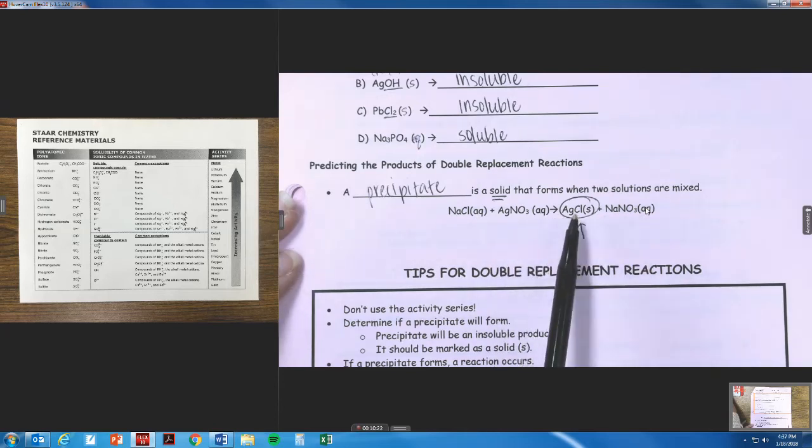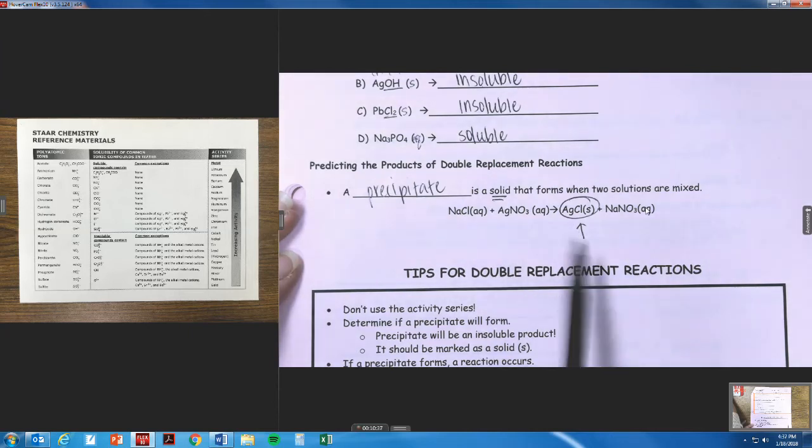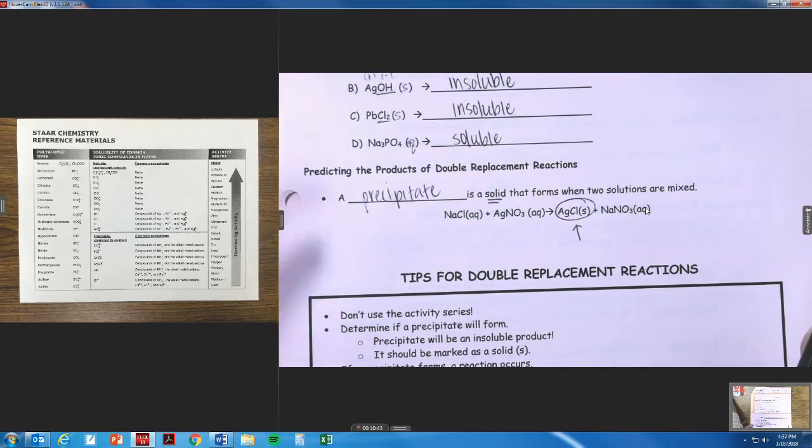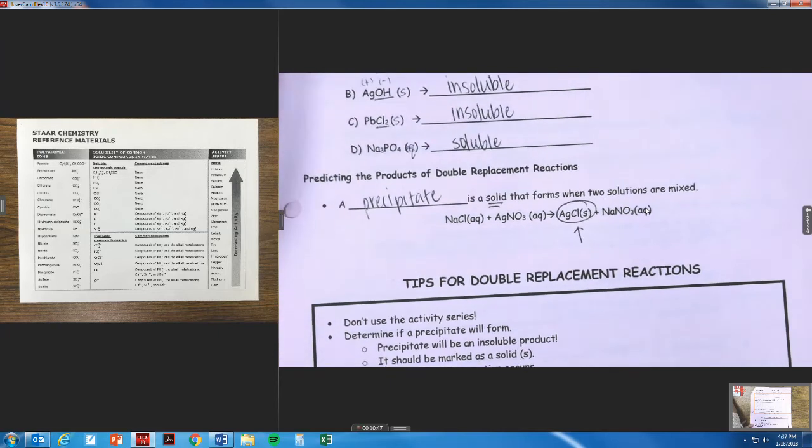This compound right here is a solid, while all the others are aqueous compounds. So you know that this one right here is your precipitate. This was actually one of your bonus questions from your quiz. We asked you, based on the following equation, which compound is your precipitate, and it would be the solid compound.